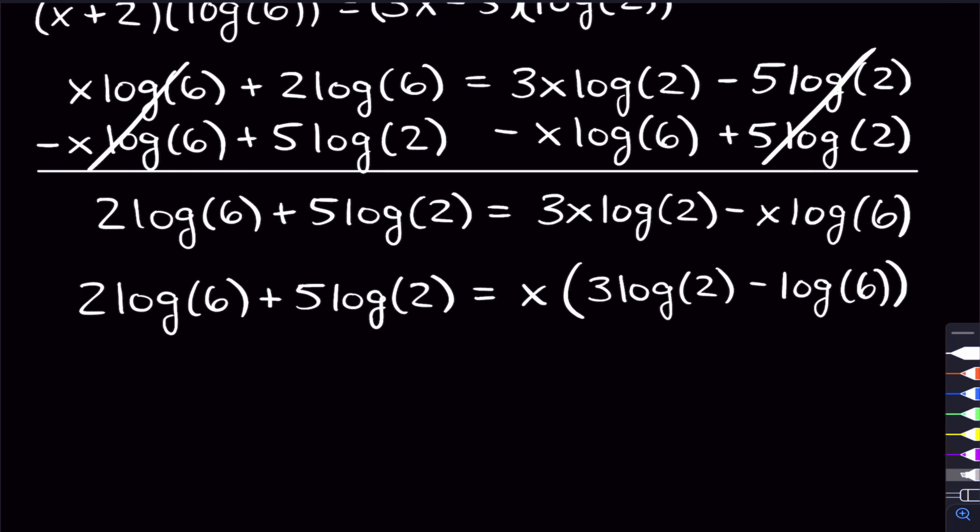Right, factoring out an x just means we're dividing each of these terms by an x, and when you divide each of those by x, you get these two things. And now x is being multiplied by this giant thing, and that's the only thing that's stopping it from being by itself, so we're going to divide that giant thing on both sides.